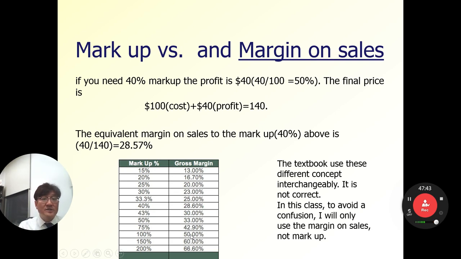So the equivalent margin on sales to the 100% markup is going to be 50%, like this. The reason I'm talking about this is for those of you who are reading the textbook. This textbook is the bestseller in the world.